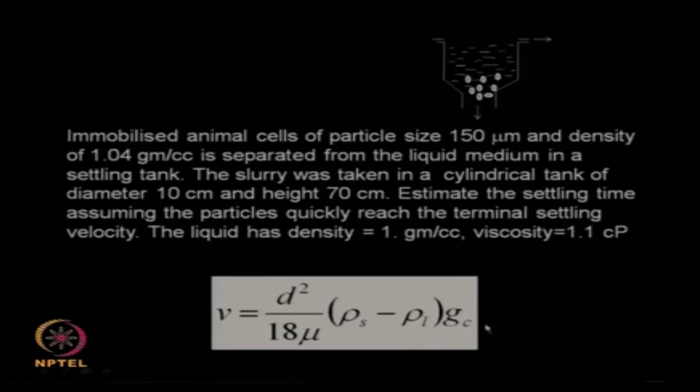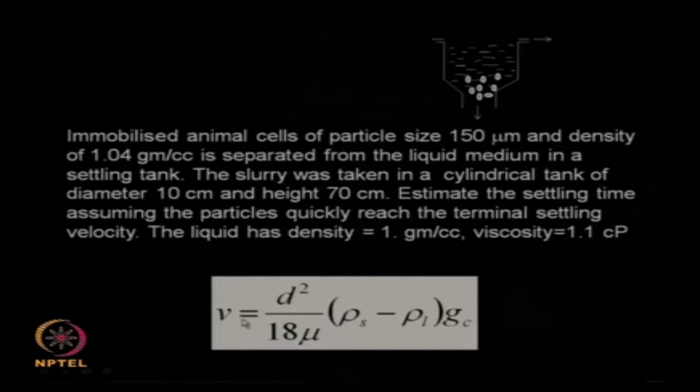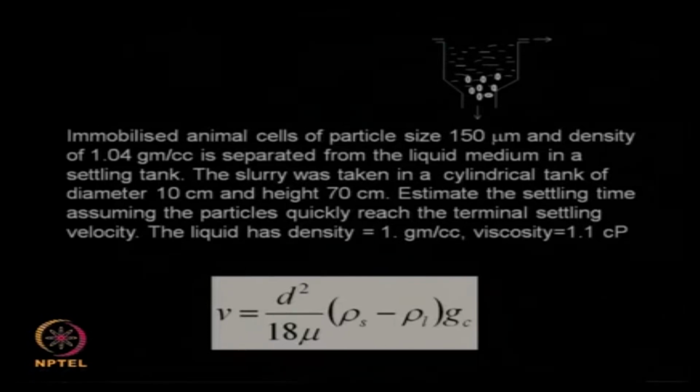Now if you remember the Stokes law, which we taught in the previous classes, the terminal settling velocity arises because of the balancing of the drag force and the buoyancy and the acceleration due to gravity.